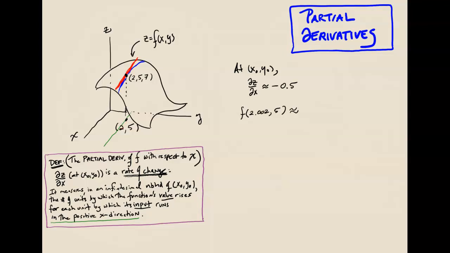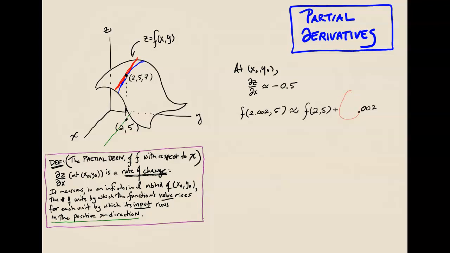Well, if you remember how this works, that is going to be f of 2, 5, the value of the function right there at 2, 5, plus some little bit of change. And that change is going to depend on two things. The amount by which we've nudged this forward, and that amount is going to be 0.0025, but we're going to have this multiplier here.